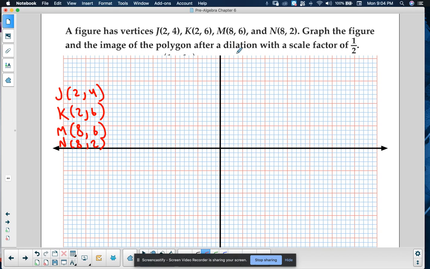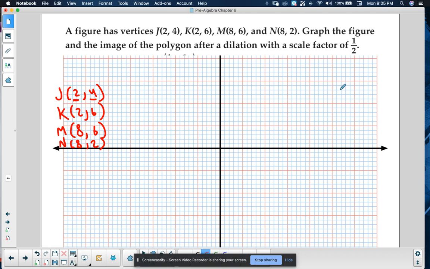Okay, so now it says graph the figure and the image of the polygon after a dilation with a scale factor of 1 to 2, so 1/2. So that means I'm going to take each coordinate, each ordered pair, and multiply the x value by 1/2.